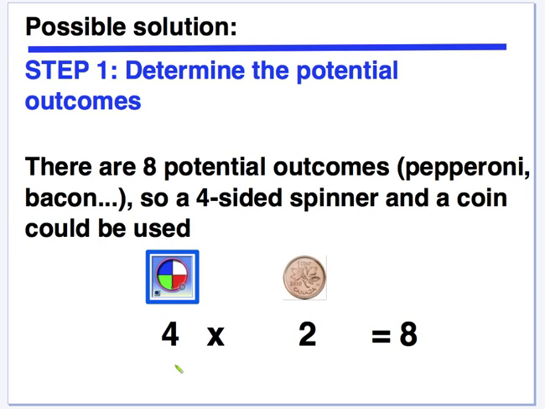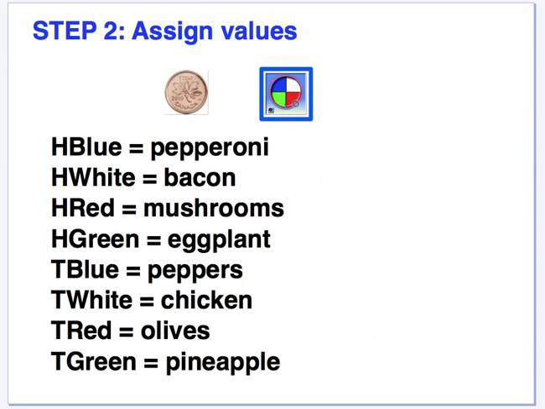So 8 can be the product of 4 times 2, so a 4-sided spinner and then a coin. It could also be an 8-sided spinner. There are multiple ways of doing it, but it's always more interesting to do something with at least 2 devices here. So once you've determined that it's 8 because there are 8 possible toppings, and you've got your devices, you move on to step 2.